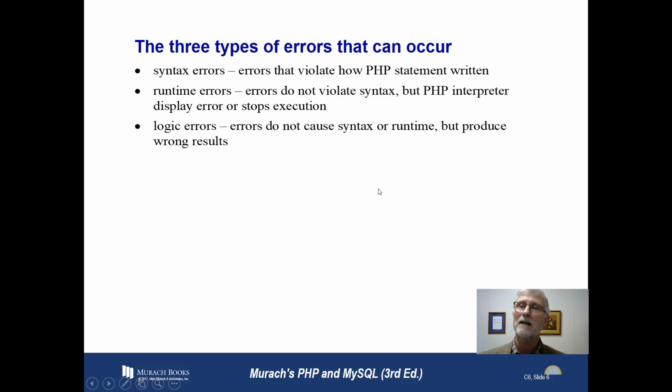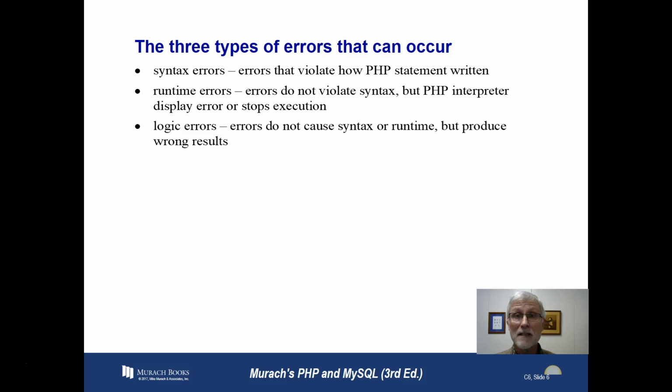Now, there are three kinds of errors that can occur. One is syntax. That's where you're just violating a rule on how PHP statements are written. Those are usually the easiest to catch because most of the tools we use to develop our code will indicate those. You have runtime errors.